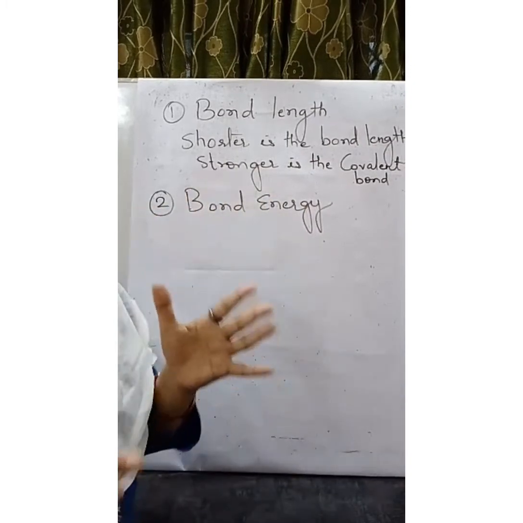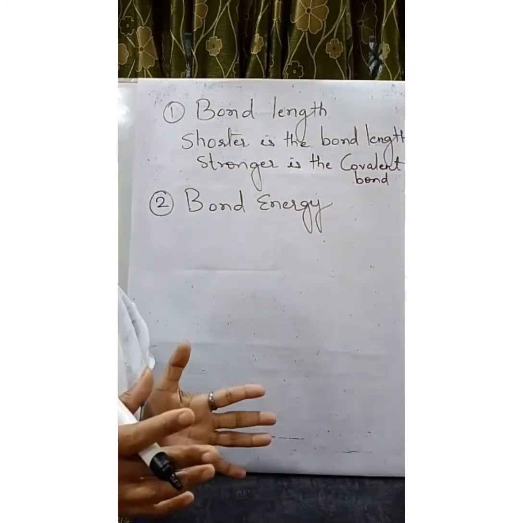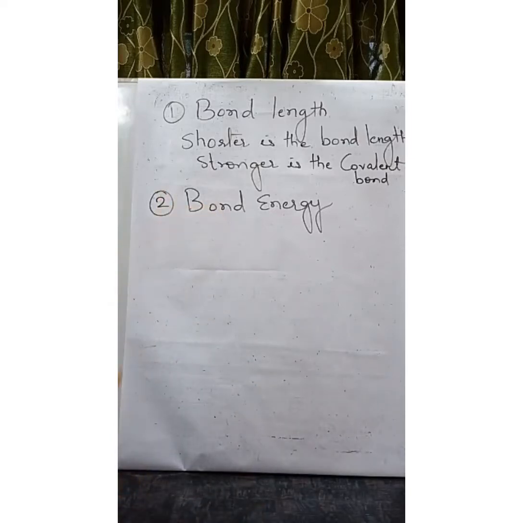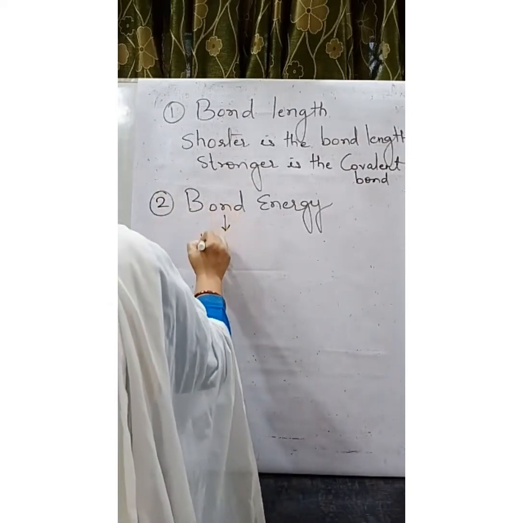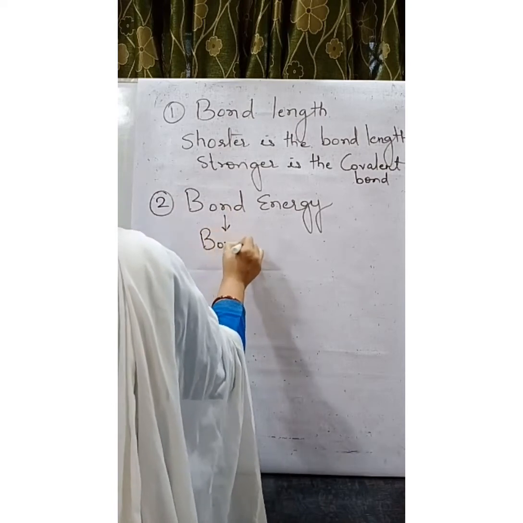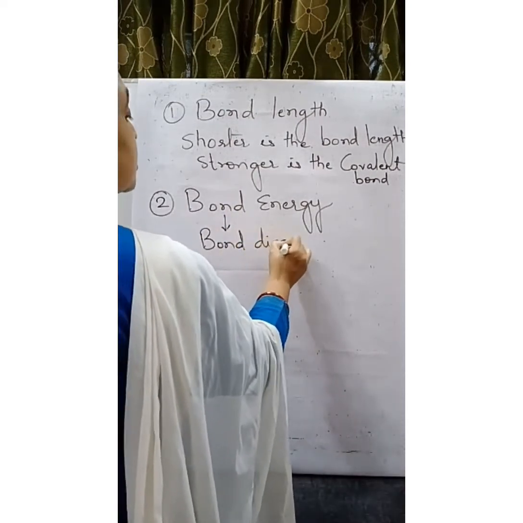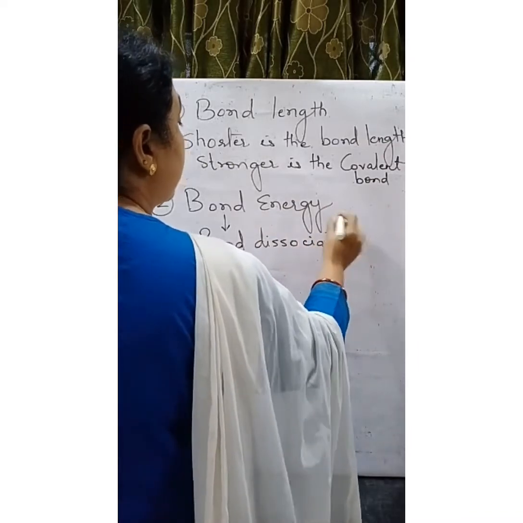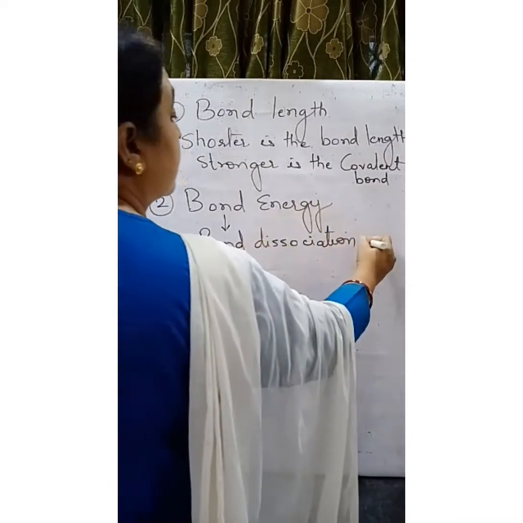So, bond energy is basically the amount of energy required to break the bond. In some cases, bond energy is also known as bond dissociation energy or enthalpy. You can use the word enthalpy also instead of energy.